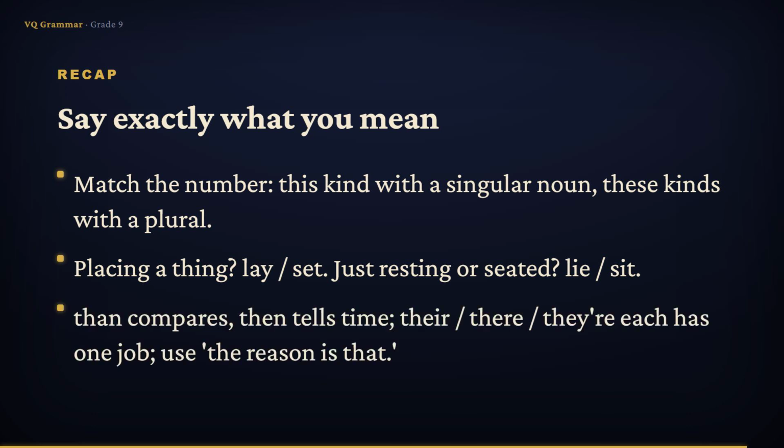And finally, keep the sound alikes straight. Than compares, while then tells time. Their shows belonging, there points to a place, and they're means they are. And instead of the reason is because, say the reason is that, or simply use because.